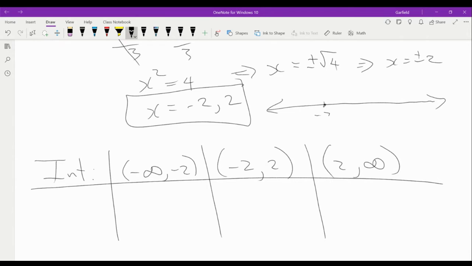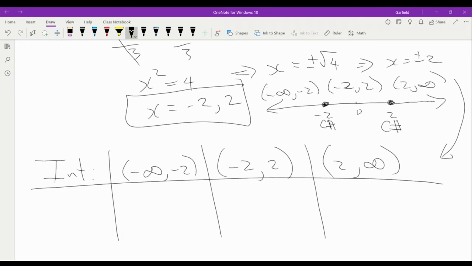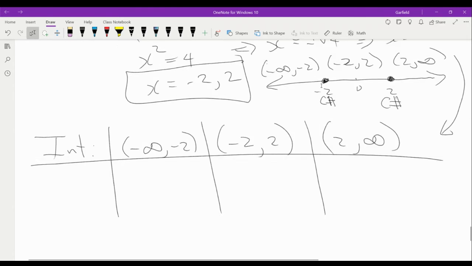Our critical numbers are at negative 2 and 2, so this is how we're getting our intervals. If you think in terms of a number line, you probably see that a little clearer.